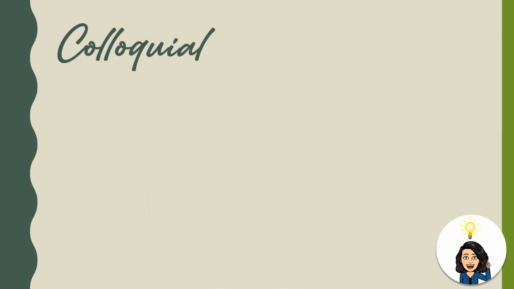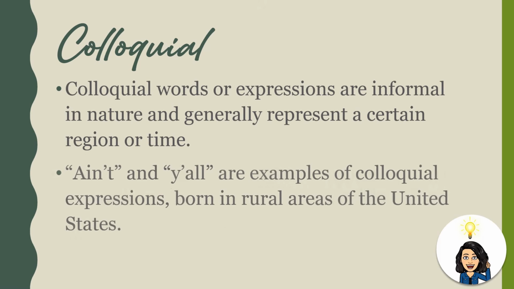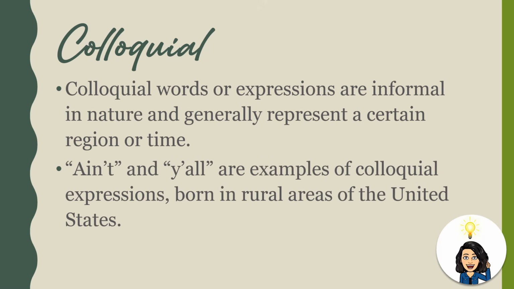The third type of diction is what we call colloquial. Colloquial words or expressions are informal in nature and generally represent a certain region or time. Ain't and y'all are examples of colloquial expressions born in rural areas of the United States.